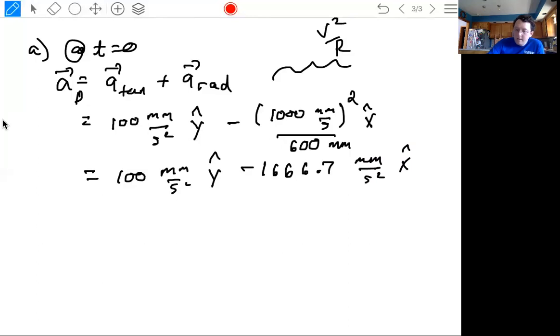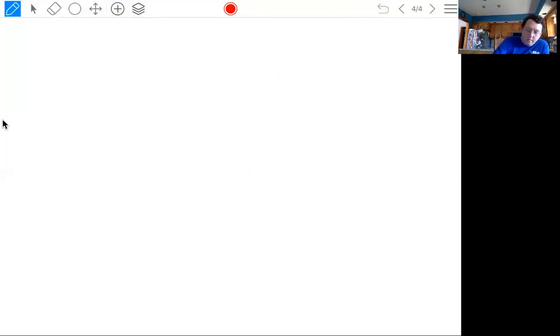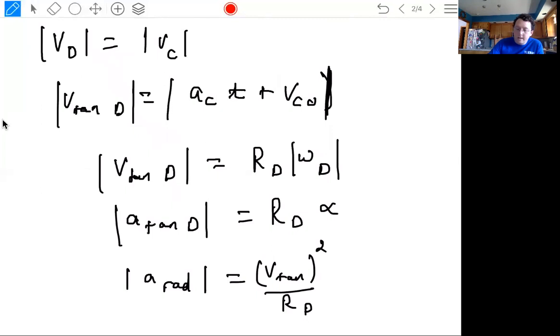All right. The next thing we wanted to find was the acceleration at D when time equals 8 seconds. So we're just going to proceed, but now we use the fact that the velocity has increased because of the acceleration of the falling mass.